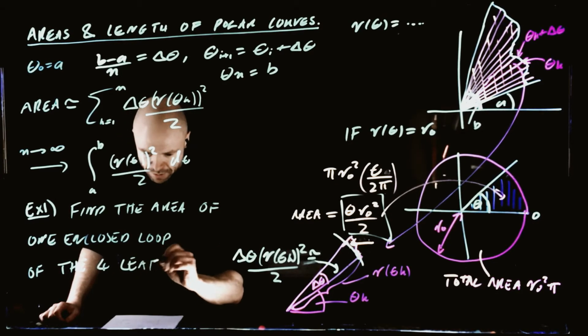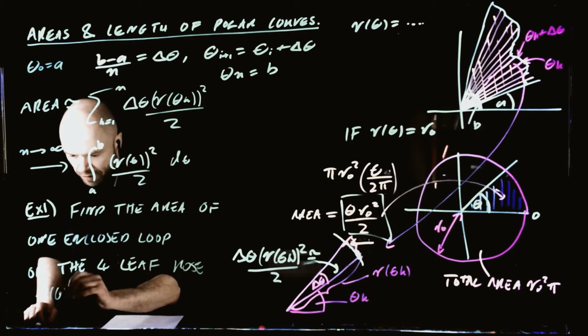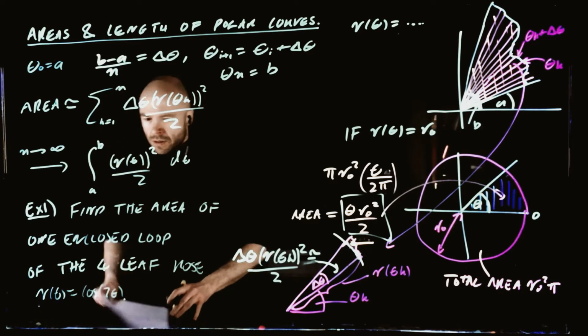So I'll explain why they say the 4-leaf rose. Given by r of theta equals cosine of 2 theta.